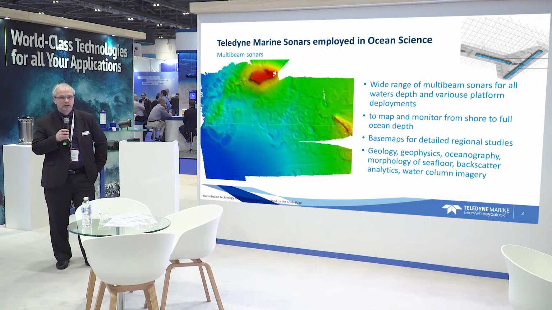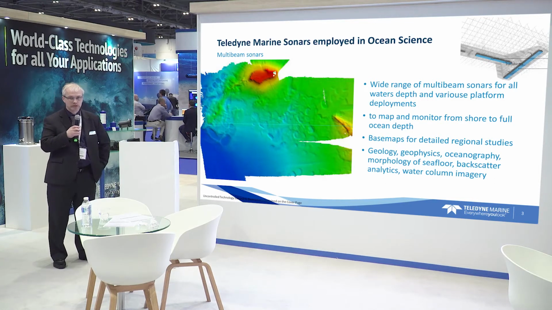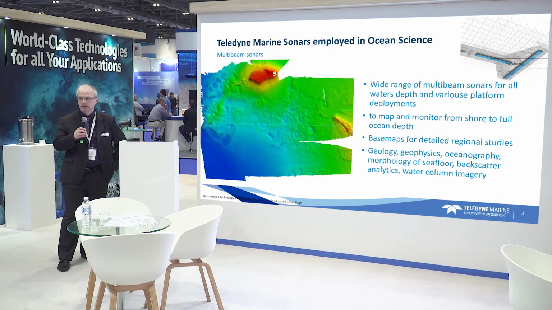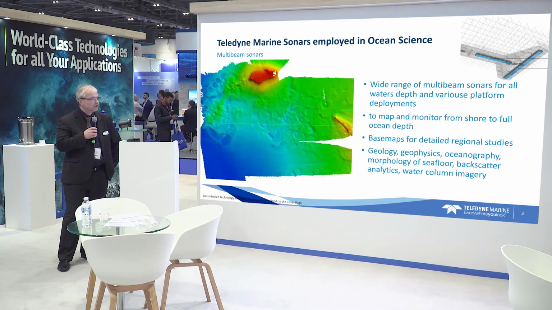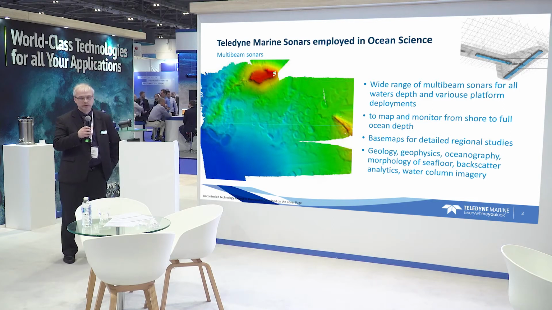One of our fields of applications and products is really multi-beam sonars in general. This is a widely used product for ocean science, but also in hydrography and oceanography in general. Our multi-beam sonars can be deployed on various platforms, and they are used for mapping and monitoring the ocean from the shoreline down to full ocean depth.